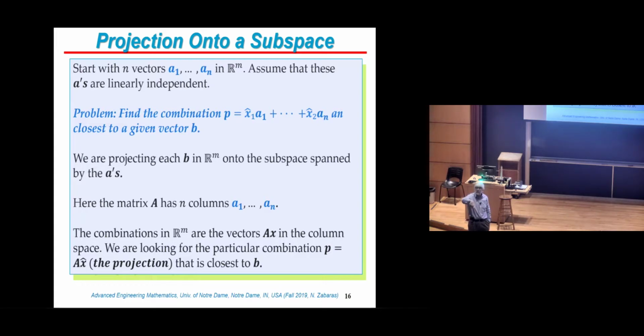B minus A x hat. Now I'm going to use the idea of orthogonality. That error, B minus A x hat, needs to be orthogonal to where? To the column space. Correct? B minus A x hat needs to be orthogonal to every column vector.